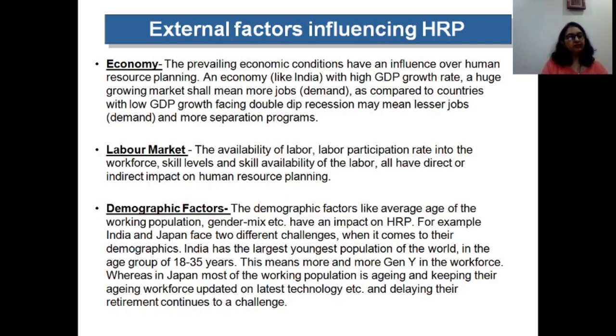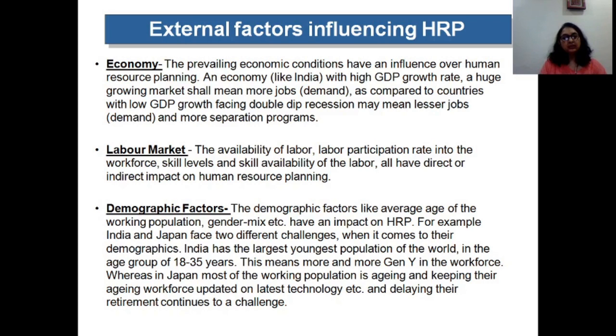Thirdly, the demographic factor, that means what age and what is the gender mix of the working population. This also impacts the human resource planning function. So for example, India and Japan face two different challenges. India has a young population, and the working age group is between 18 to 35 years.